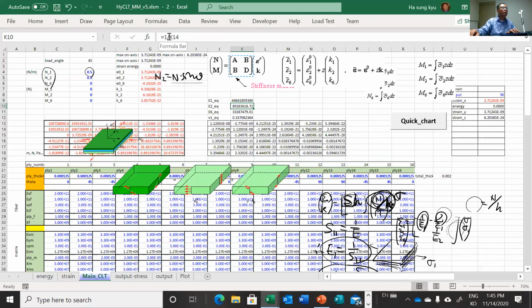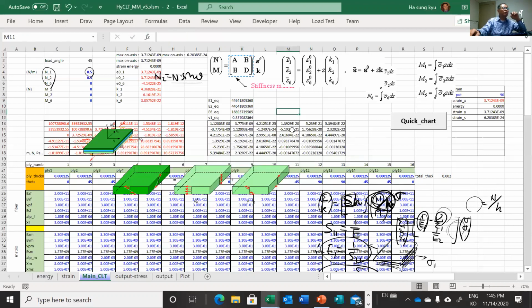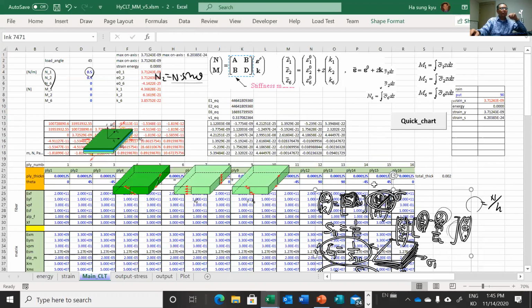And this one also total thickness, and this one also total thickness. Poisson's ratio doesn't matter.